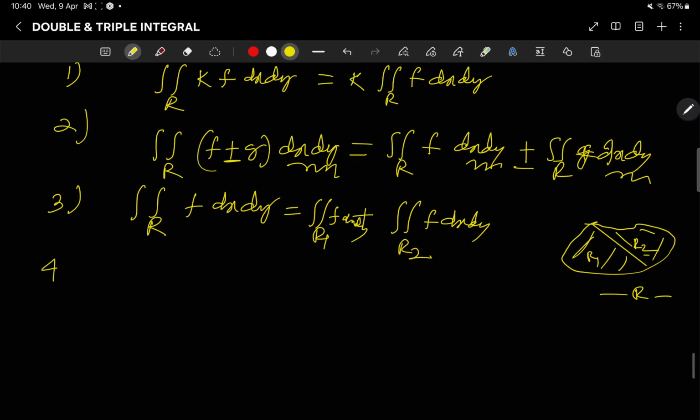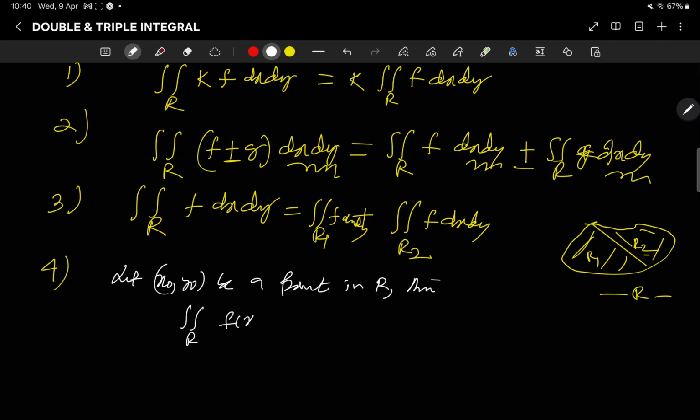Now the fourth one is the most important property. Let (x0, y0) be a point in R. Then you can write the integral over R of f(x, y) dx dy as the double integral over R of f(x0, y0) dx dy.